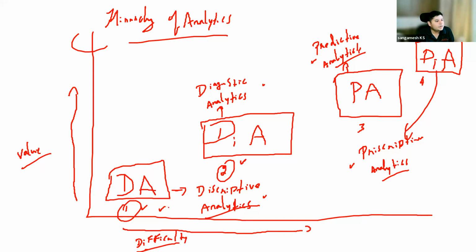I repeat again, it requires very few efforts. Similarly, even diagnostic analysis is okay, but it is going to take a little bit more effort. But when you keep going ahead, prescriptive analytics is one such thing which will take a larger amount of time. I hope people are able to make some sense here.